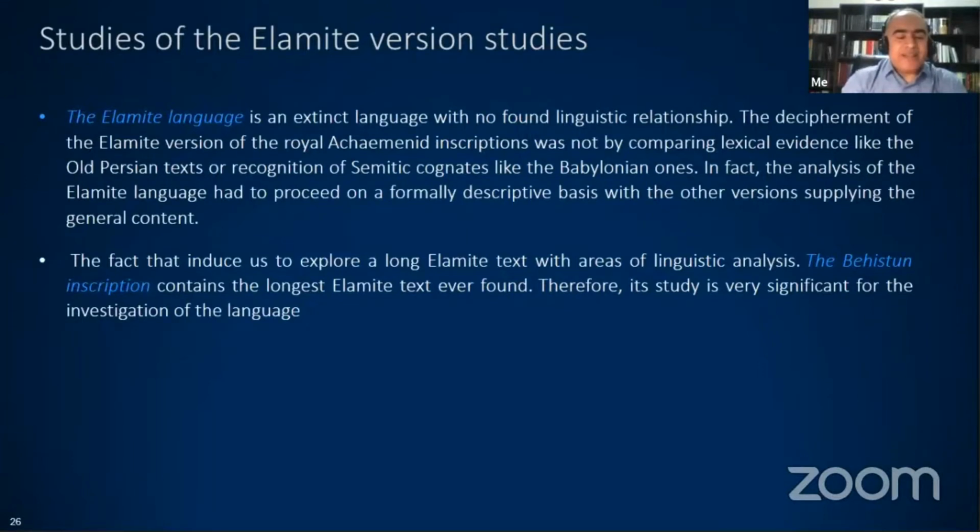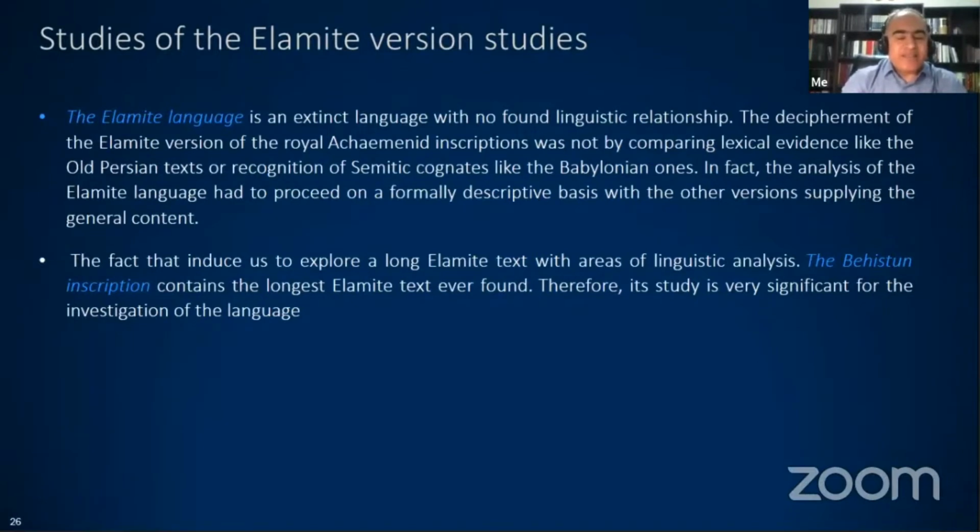On the other hand, Elamite is an extinct language, and no linguistic relationship has been established for it. As we know, the decipherment of the Elamite version of the Royal Achaemenid inscriptions was not done by comparing lexical evidence like the Old Persian text or recognition of Semitic cognates like the Babylonian ones.